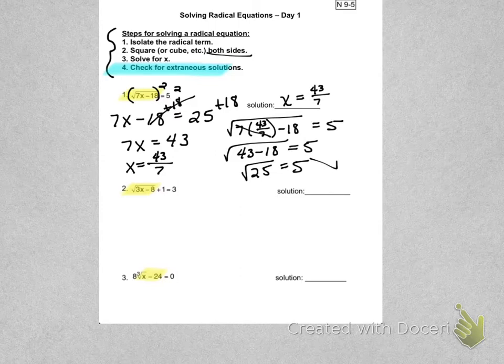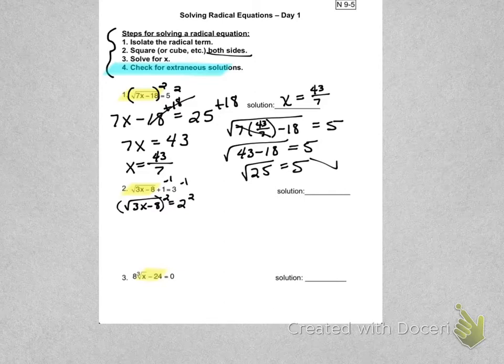Number 2. We don't have our term isolated. We've got that extra 1, so we have to subtract 1 from both sides. And we have the square root of 3x minus 8 equals 2. 3 minus 1 is 2. Now you square both sides because you had a square root.